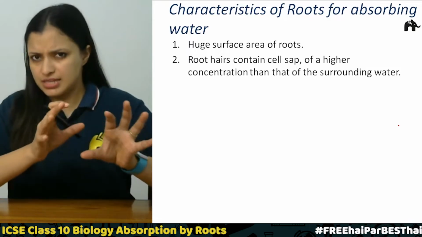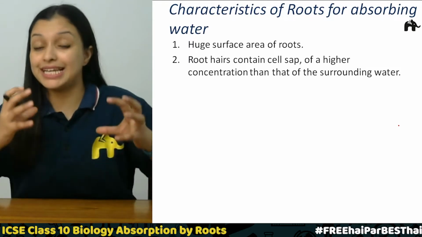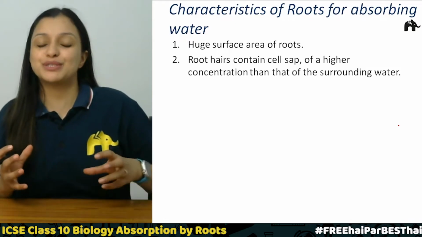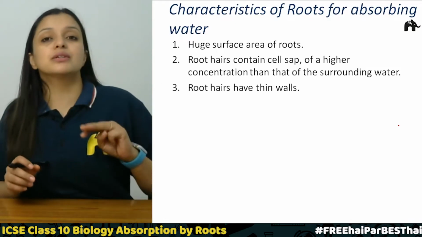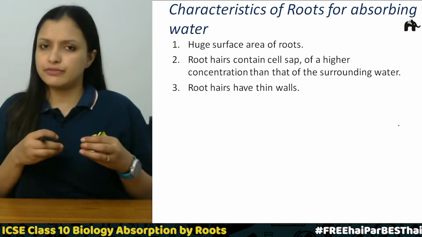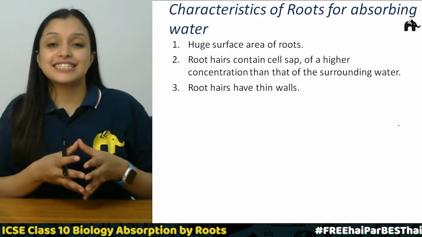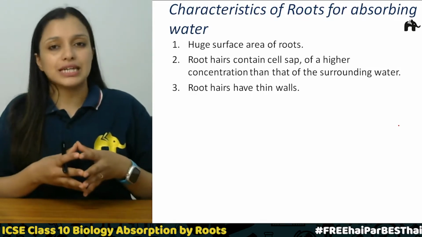So what is this actually? We will study this point in detail as well, then only you will be able to understand. Then comes the third one. Root hairs have thin walls. Now because they have thin walls, the diffusion is very easy, right? So let us discuss each of these characteristics in detail.